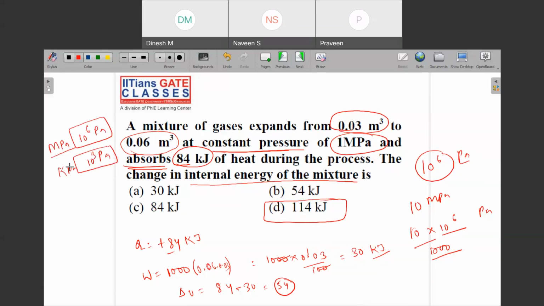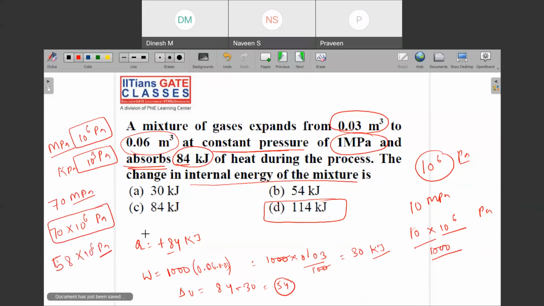Like let us say I tell you that pressure is 70 megapascal, then what I mean is that this is 70 into 10 to the power 6 pascals. Got the idea? Let us say I say 58 megapascal, then it is 58 into 10 to the power 6 Pascal. So here they have mentioned 1 megapascal, which means 1 into 10 to the power 6 Pascal.